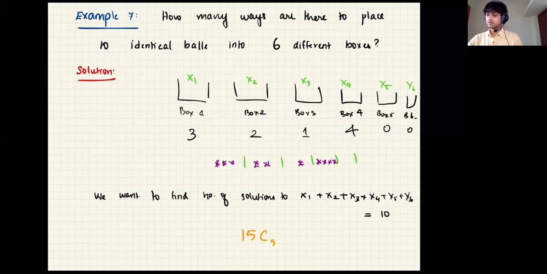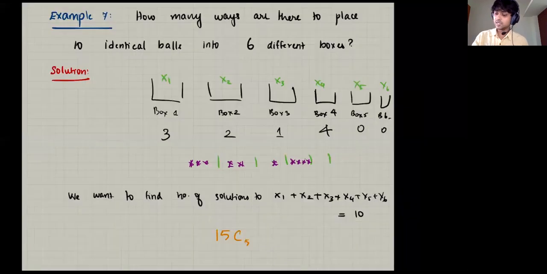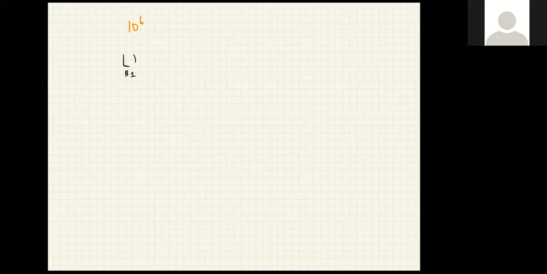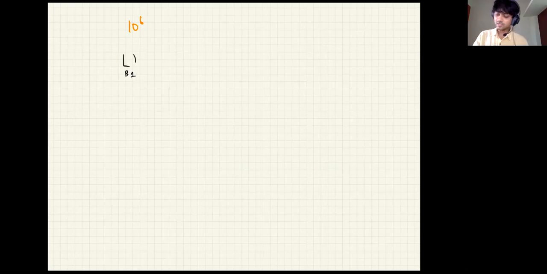Now wait. So you said 10 power 6, no? Yes. So you say box one, how do you go about it? This could have 10 balls, right, because they're like 0, 1, 2, 3 up to 10. It has 10 options. Well, first of all, with zero, it has 11 options.